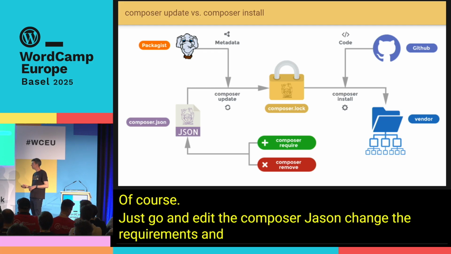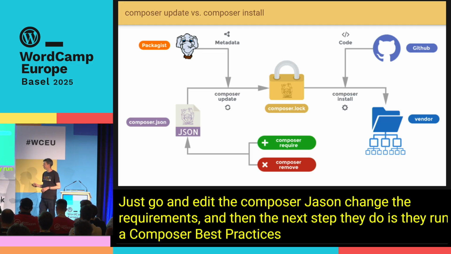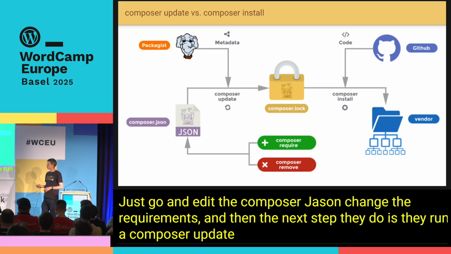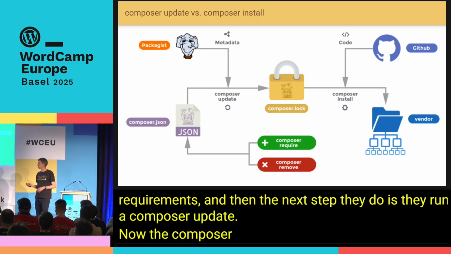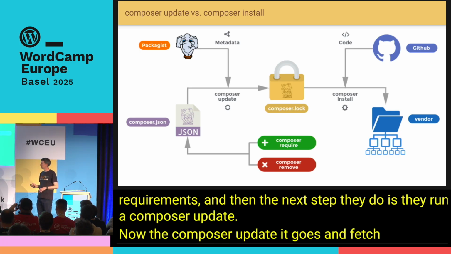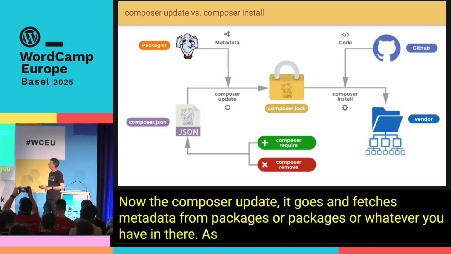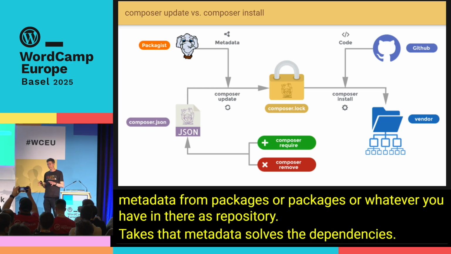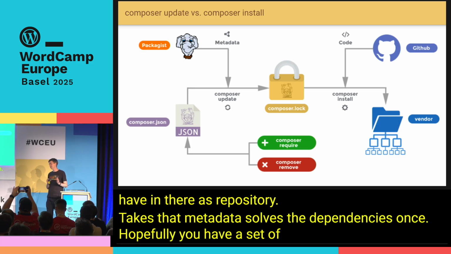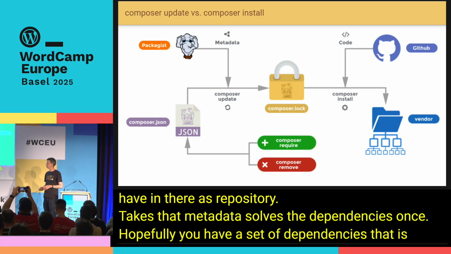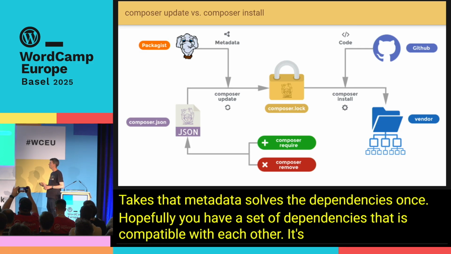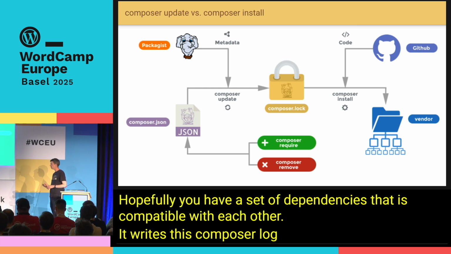And then the next step they do is they run a Composer update. Now the Composer update goes and fetches metadata from Packagist or WPackagist or whatever you have in there as repository. Takes that metadata, solves the dependencies. Once hopefully you have a set of dependencies that is compatible with each other, it writes this composer.lock file.